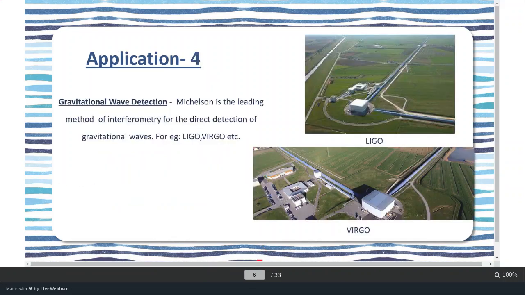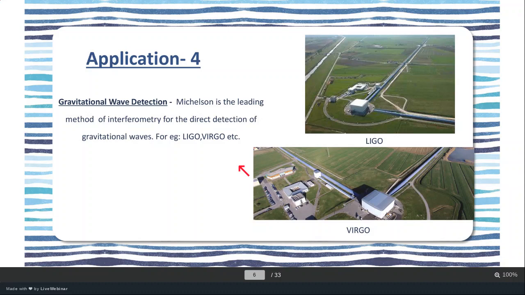And we also have this fourth application, gravitational wave detection. The Michelson is the leading method of interferometry for the direct detection of gravitational waves. For example, we have LIGO, and as you can see, this is the LIGO detector and this is the Virgo detector. The upcoming projects like LIGO India, and there's also the KAGRA detector in Japan, all use basically the same setup of light waves.